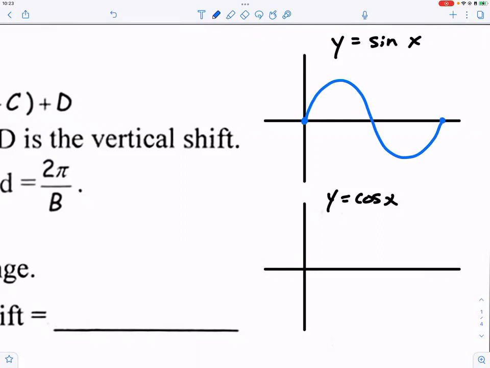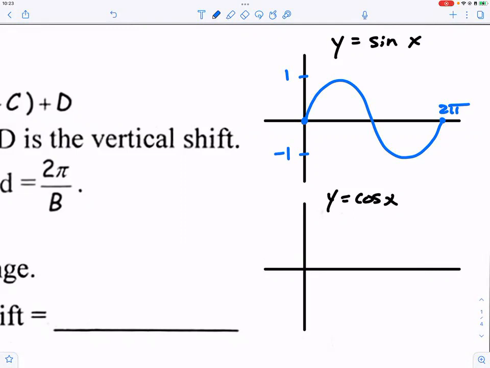It ends at 2 pi, correct? Let me put 2 pi over here first. The highest point you can hit is 1, and the lowest point you can hit is -1.